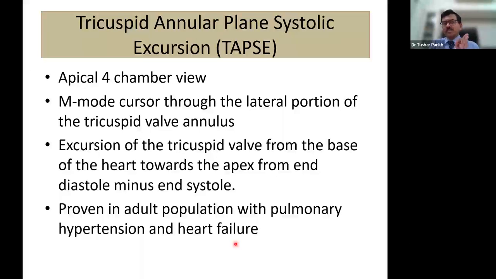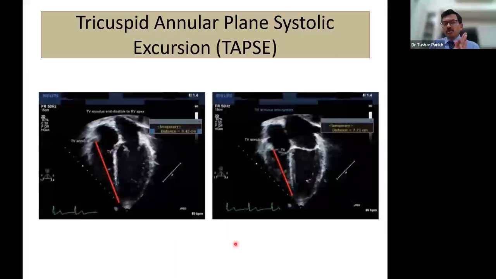So go for the apical four chamber view, M mode. This is the M mode beam. The cursor should be placed at the annulus of the tricuspid wall, and when you press the button, the annulus with every beat moves towards the apex, because the right sided cardiac fibers contract from base to apex.